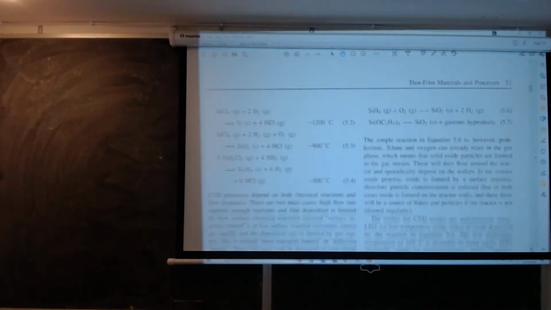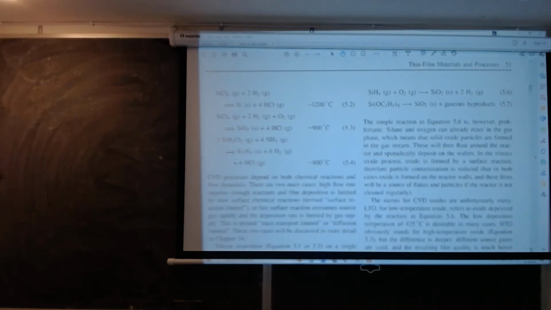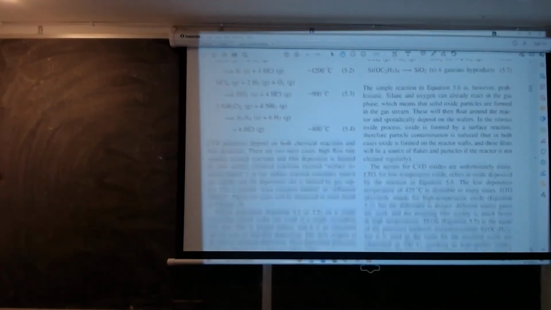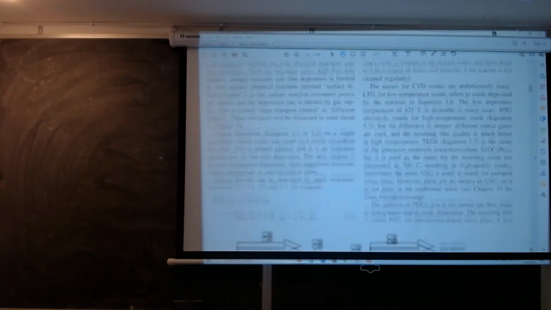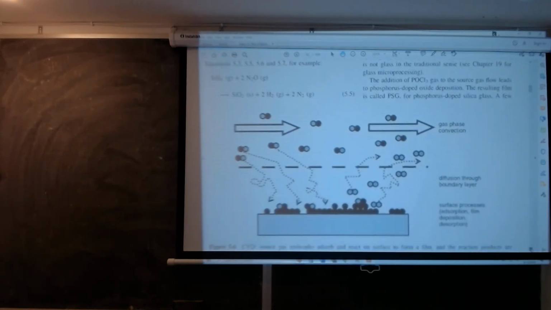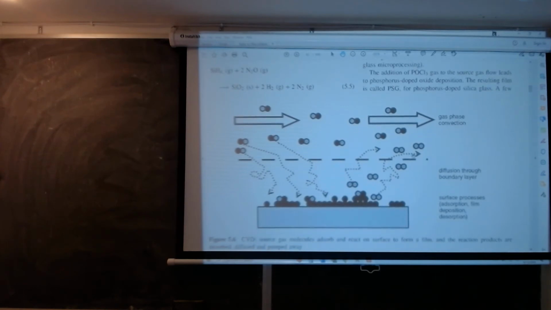And for this, I want you to also view the second clean room video, which is on the deposition of silicon nitride. I don't want you to get hung up in these chemical reactions too much. Let's just look at this figure here, which is showing, somewhat schematically, the gas flow, which tends to be more vertical and then off to the side.